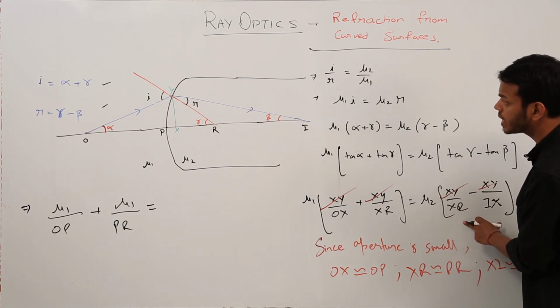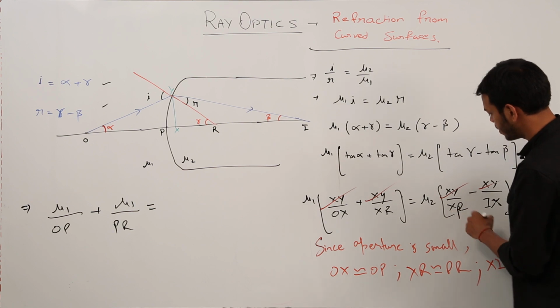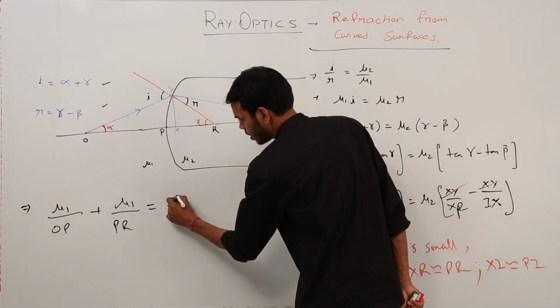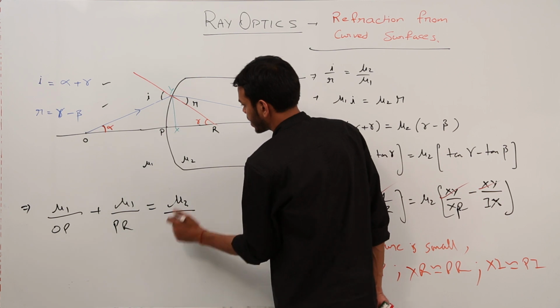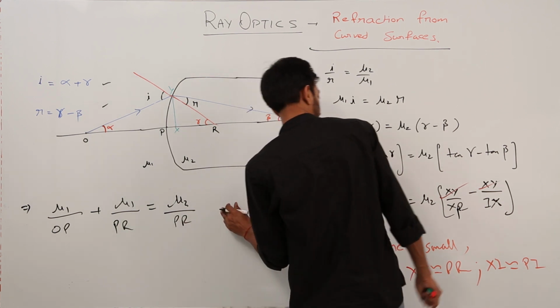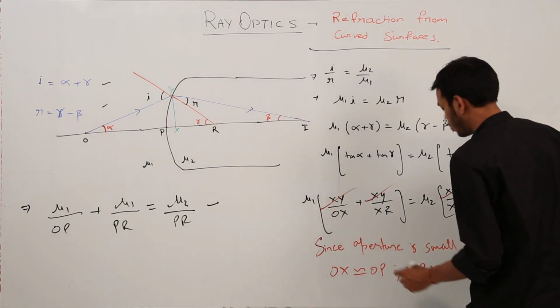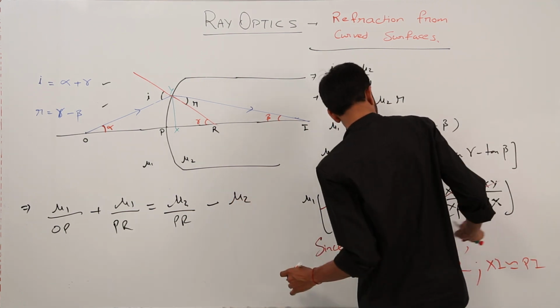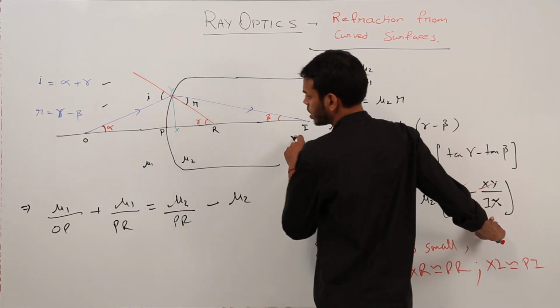This was gamma. Gamma is XR. Mu 2 upon XR, and instead of XR, we are having PR, minus mu 2 upon XI, which is PI.